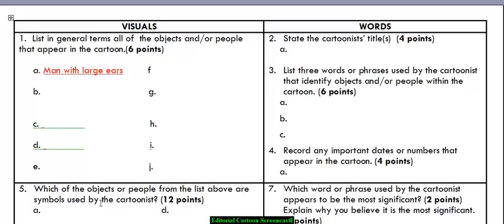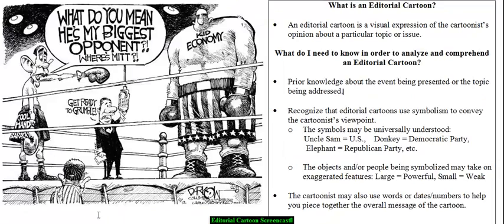So we head back to the cartoon and see what other objects or people are located in the cartoon that we need to describe. And so we'll head over to the bigger boxer. And once again, thinking ahead a little bit, you can probably determine that the bigger boxer symbolizes the economy. It's written on his chest.